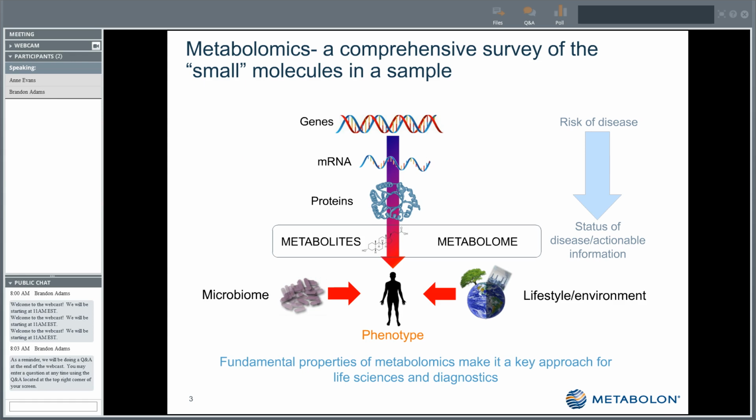But in addition to that, when you study metabolomics, or the small molecules present in these samples, you're also going to get a really strong sense of what are the other influences which could be impacting the health of that individual. So think of things like the microbiome.